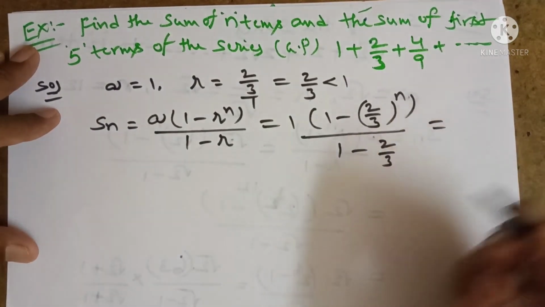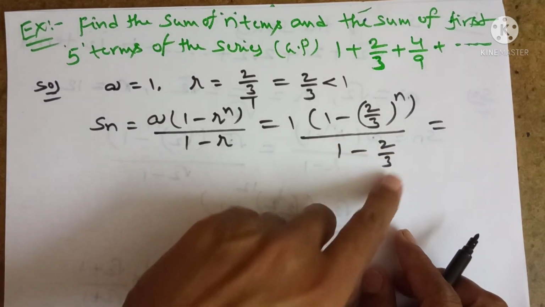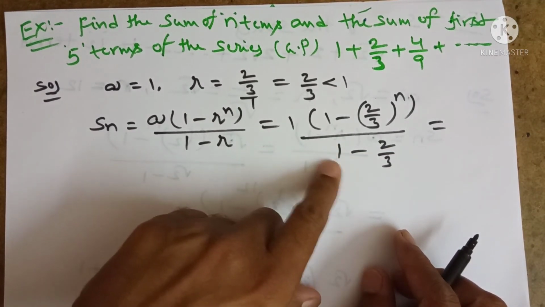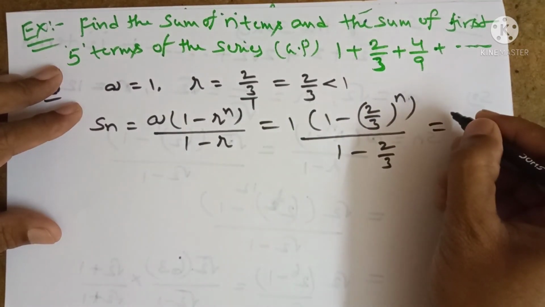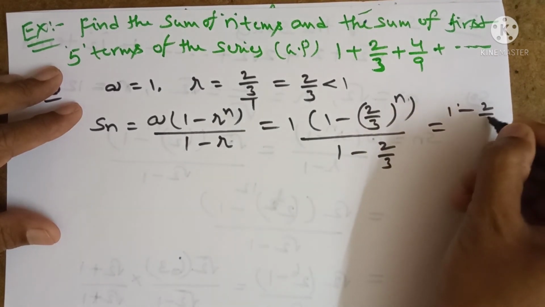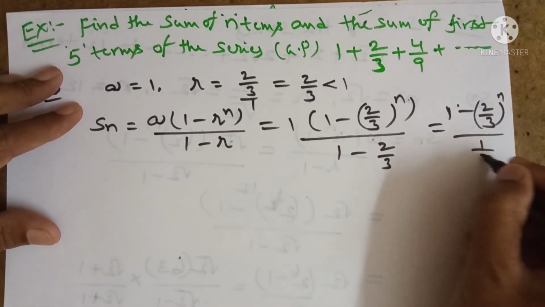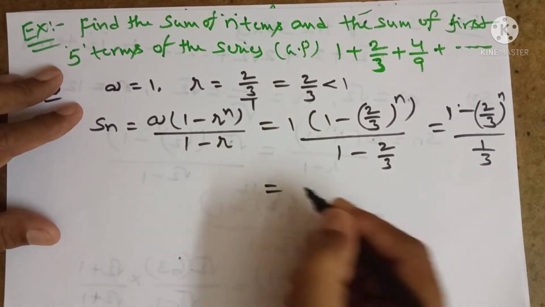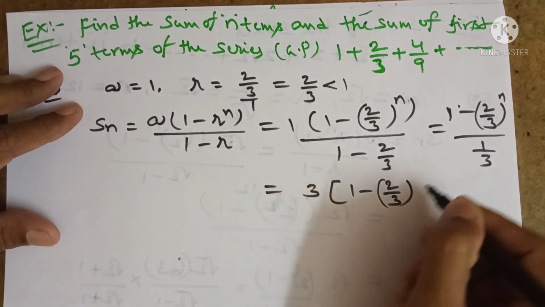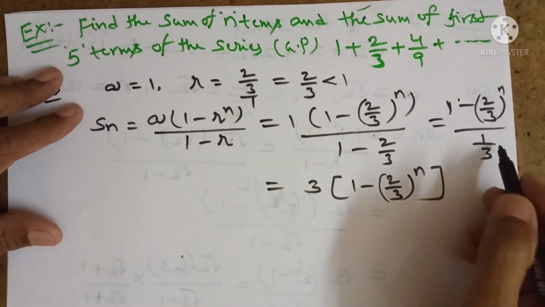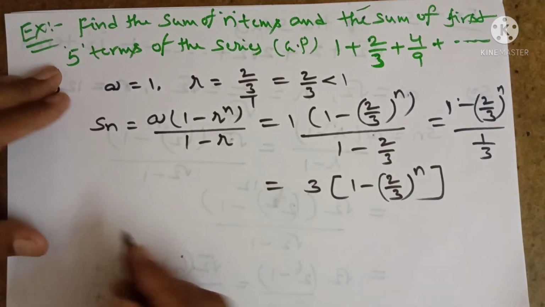The denominator 1 minus 2 by 3, LCM is 3, so 3 minus 2, 1 by 3. So 1 minus 2 by 3 power n by 1 by 3 can be written as 3 into 1 minus 2 by 3 power n, because 1 by 3 in the denominator comes to the numerator as 3.